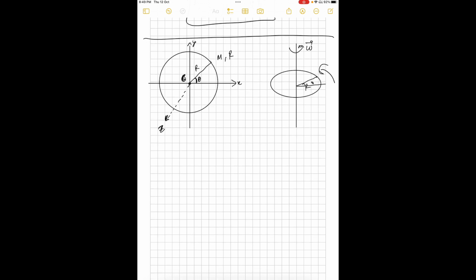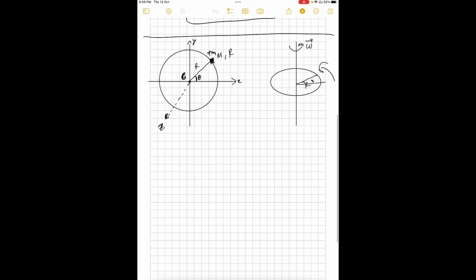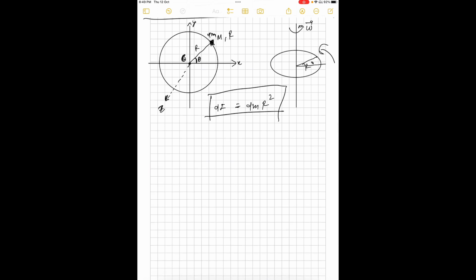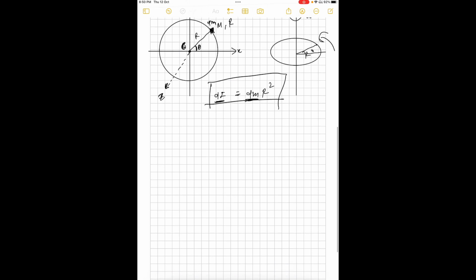We can assume that the whole ring is made of dm masses. Writing the definition of moment of inertia, that is dm r square. This is just the definition. For this element mass, I will have this moment of inertia dI.